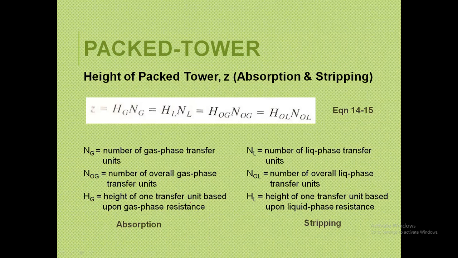So if it's H sub OL, it's the height of one transfer unit based on the overall liquid phase resistance. We consider the liquid phase resistance if the problem is stripping. We consider the gas phase resistance if the problem is gas absorption. And this particular set of formulas uses what we call the number of transfer units.